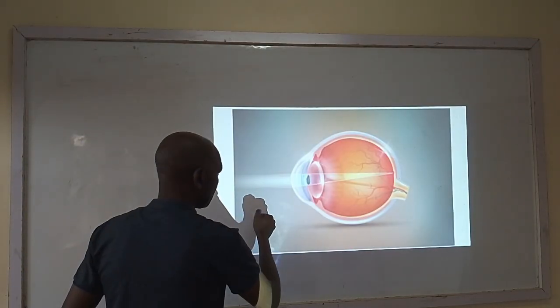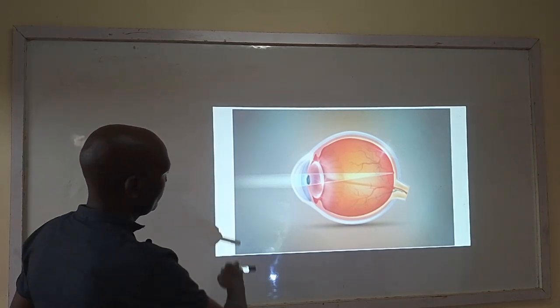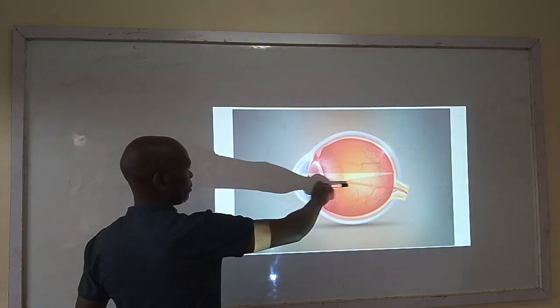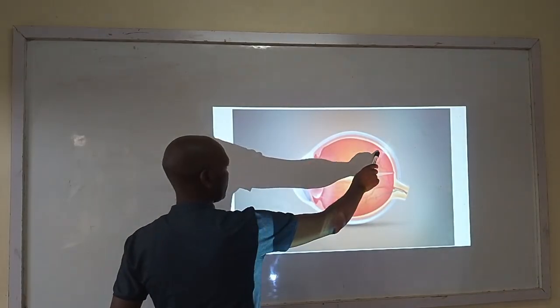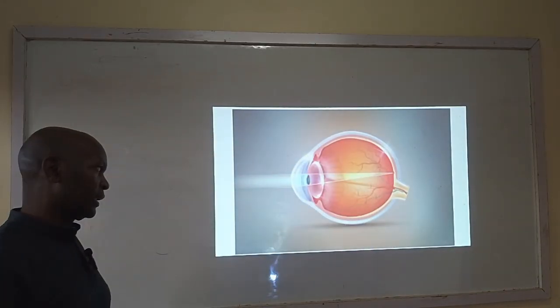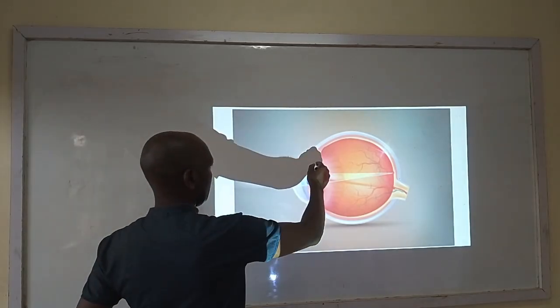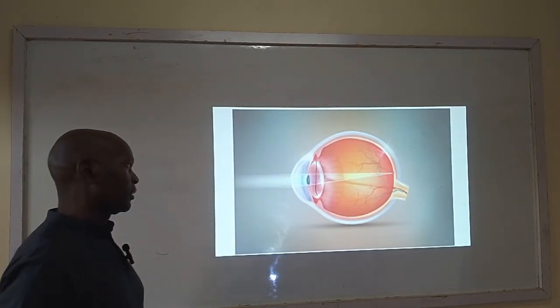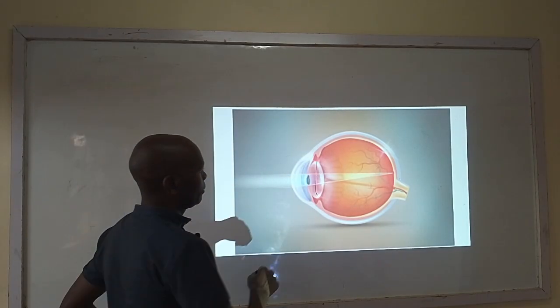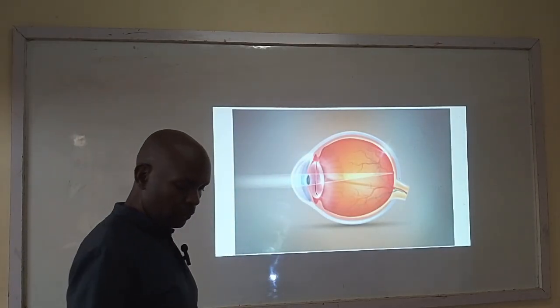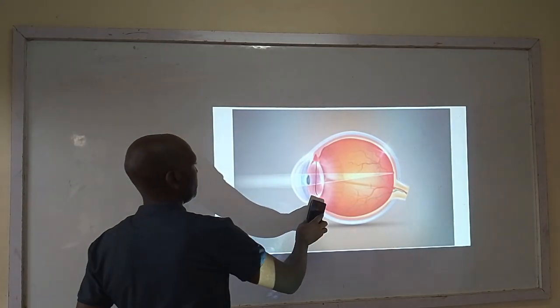So this diagram illustrates how light travels from the external environment through the optical systems all the way to the retina for interpretation. If there is any blockage at any point here, then your light will not be able to get through, and then vision will not be possible.